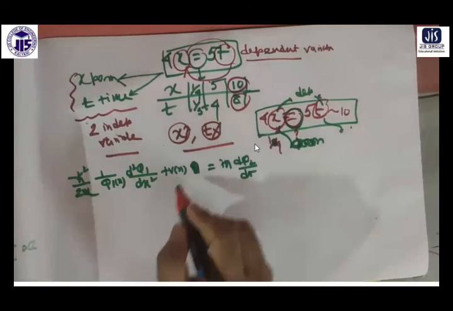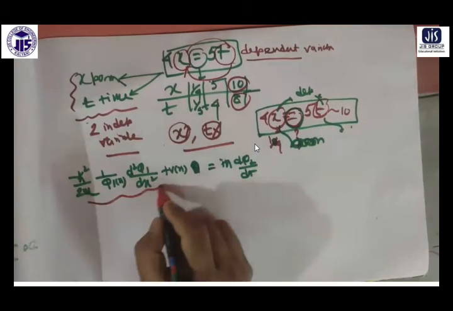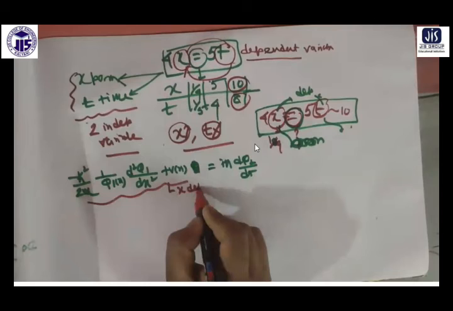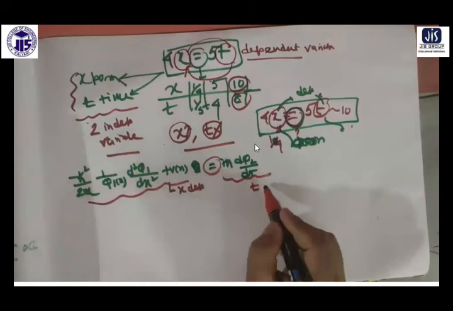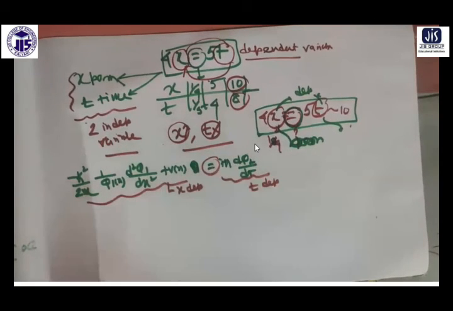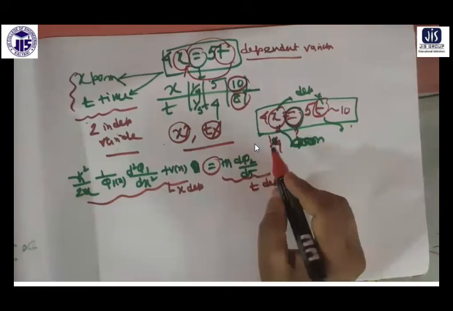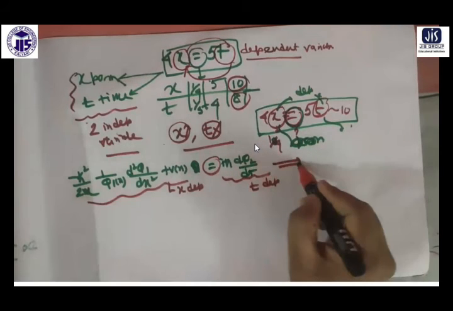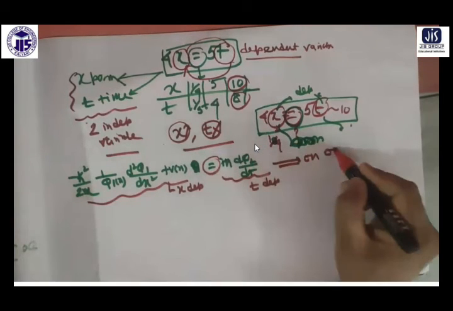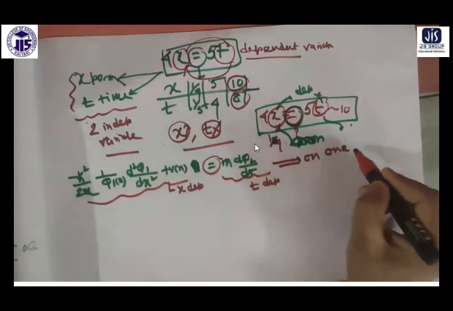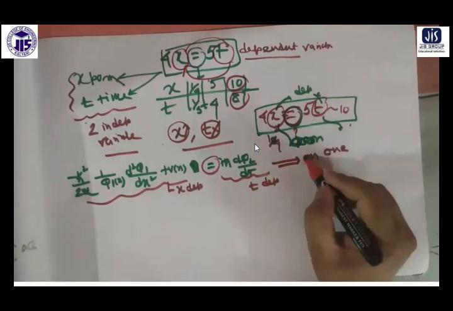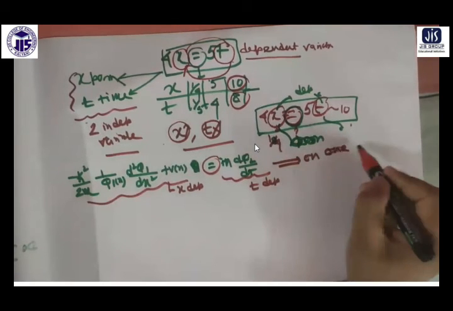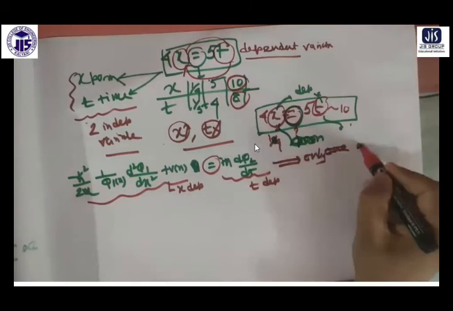So this side is x dependent, and this side is t dependent. Now they are equal. How is it possible? The answer is that it is possible only in one case.